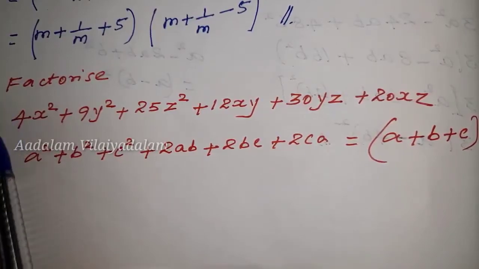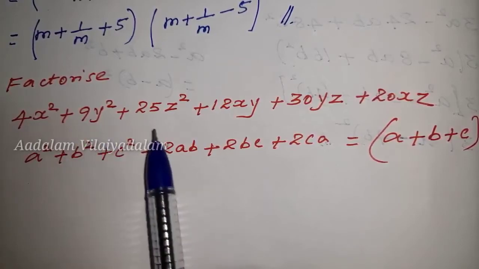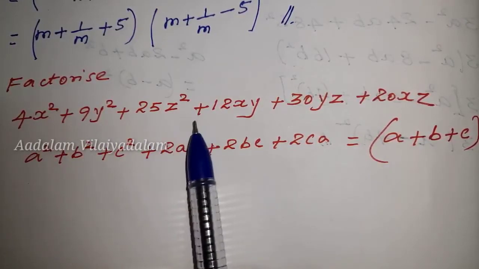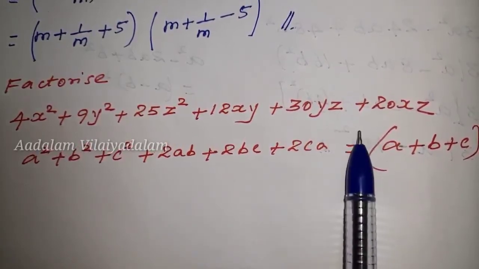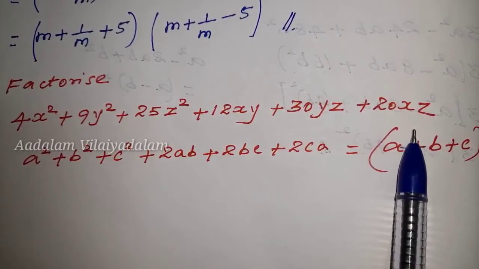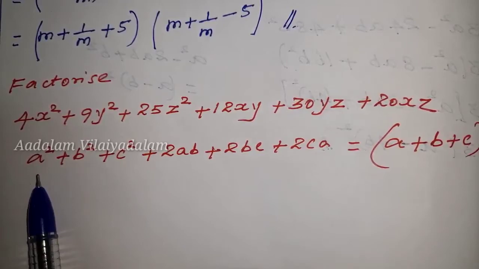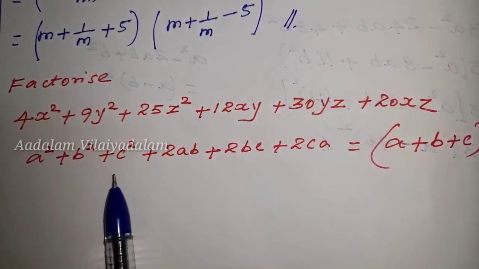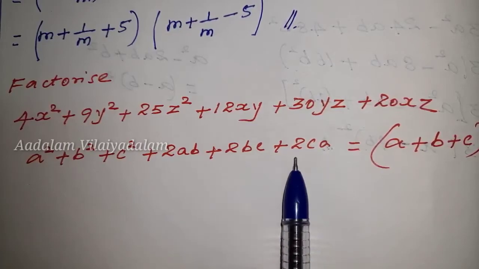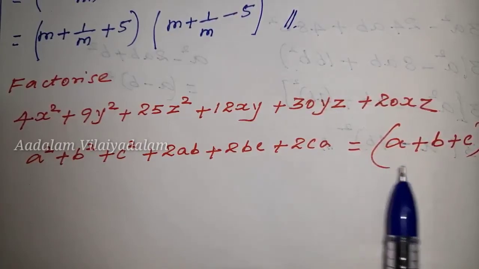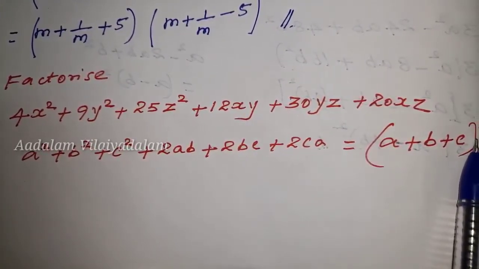Fourth question, first one, 4x square plus 9y square plus 25z square plus 12xy minus 30yz plus 20xz. We know the formula, a square plus b square plus c square plus 2ab plus 2bc plus 2ca is equal to a plus b plus c the whole square.